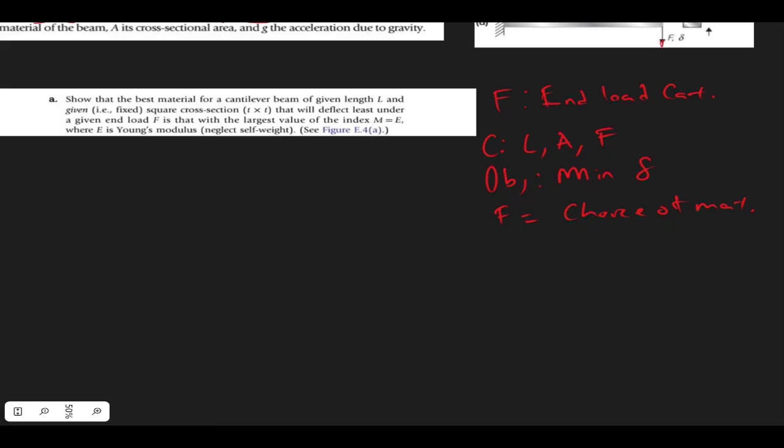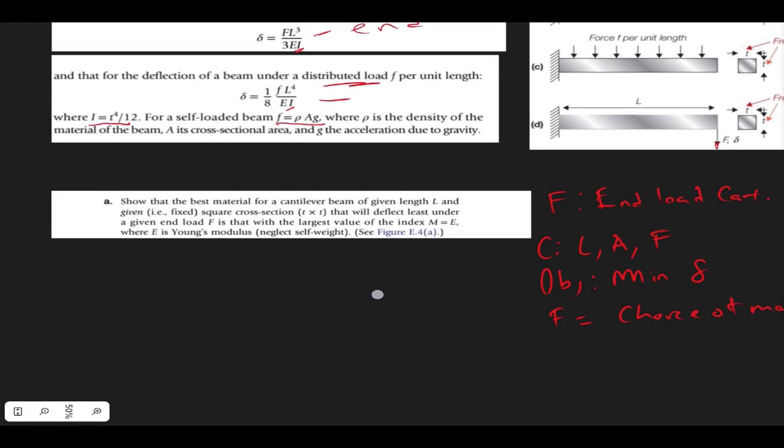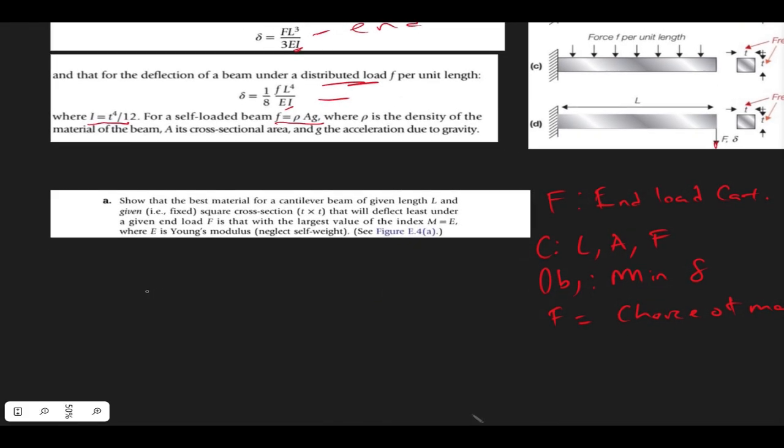So the objective function here is to minimize deflection. The formula for deflection for an end-loaded cantilever gives us deflection delta equals FL^3 divided by 3EI. And the formula for I is I equals T^4 divided by 12.